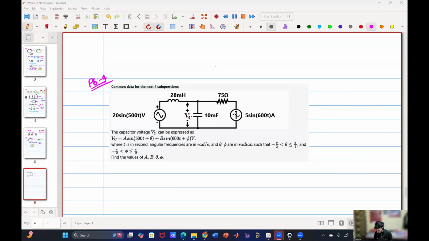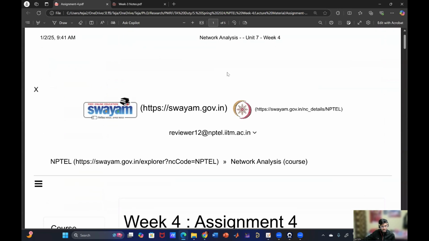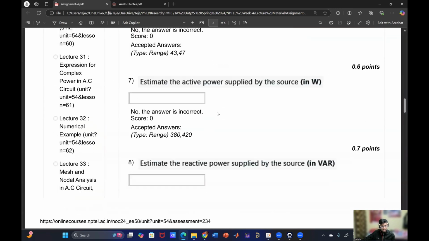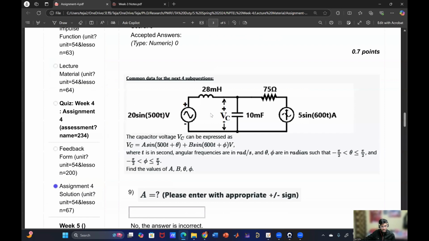Sir, solve the first problem. Which problem? Shashidhar, the first problem is what we have solved, right? This is the first problem we have solved, and this is the second problem. In this assignment, RMS values. Which problem are you talking about? This year's assignment, or which one? This year's assignment, RMS values of current.